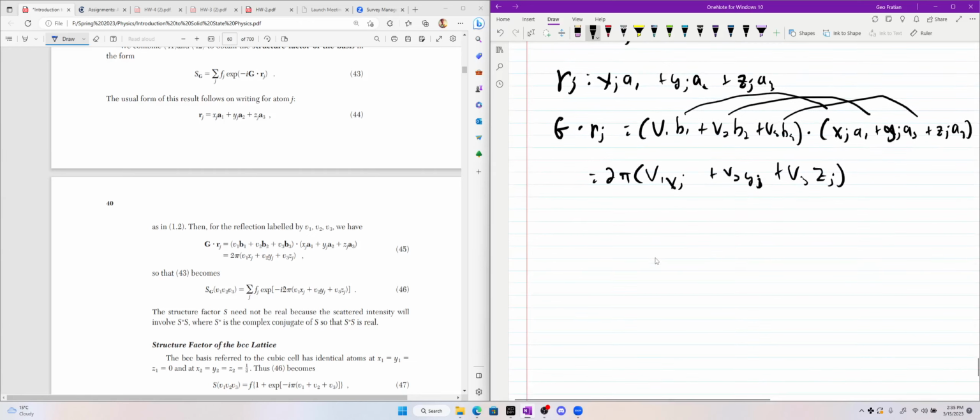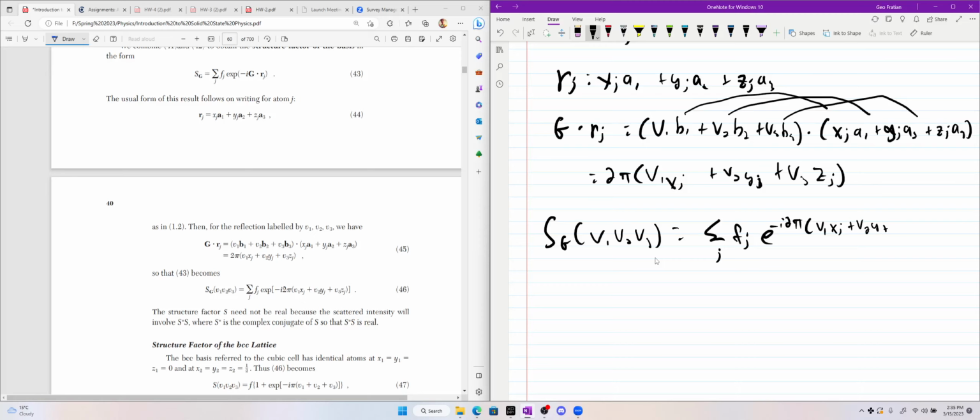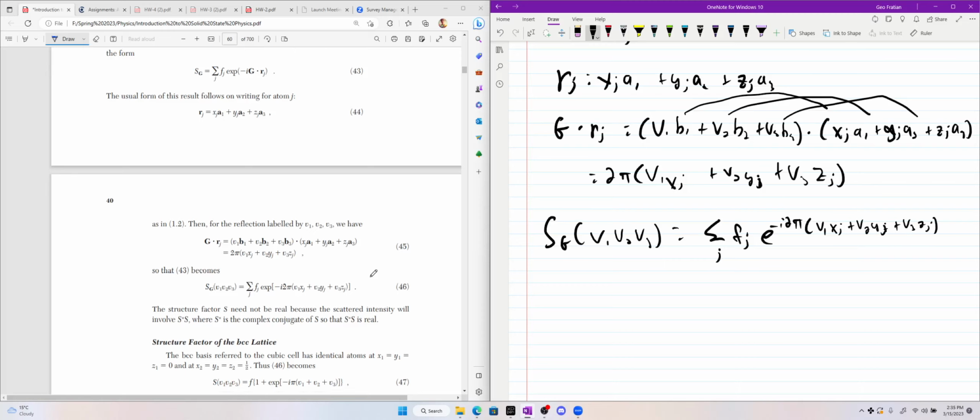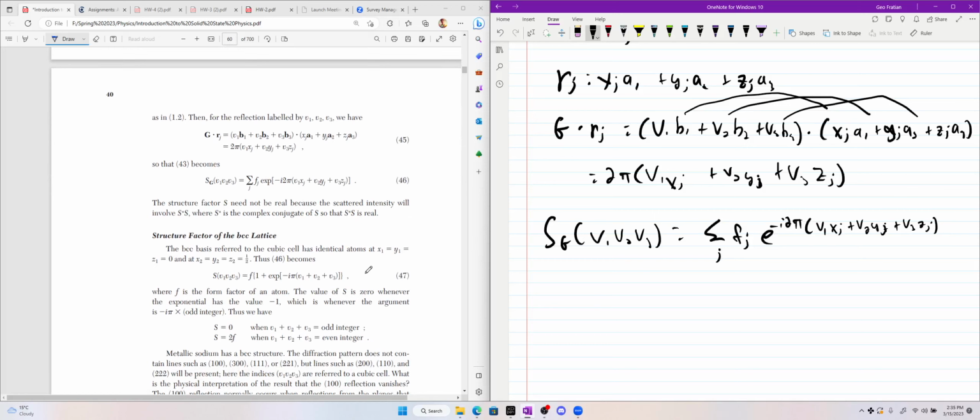Therefore, we can write the structure factor in terms of v1, v2, v3 as the sum over j of f_j e to the negative i 2π (v1 x_j plus v2 y_j plus v3 z_j).